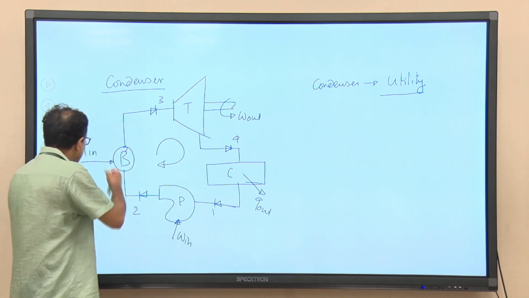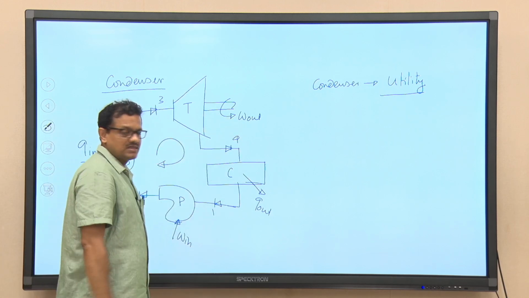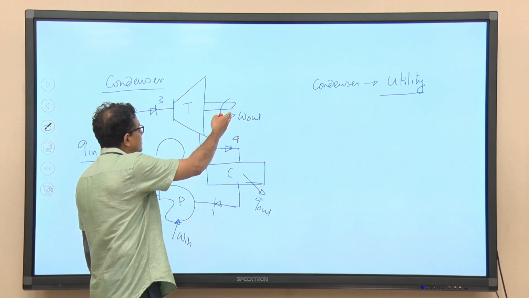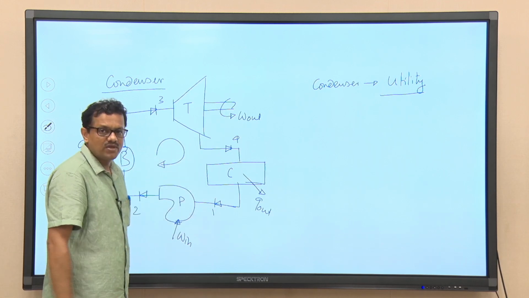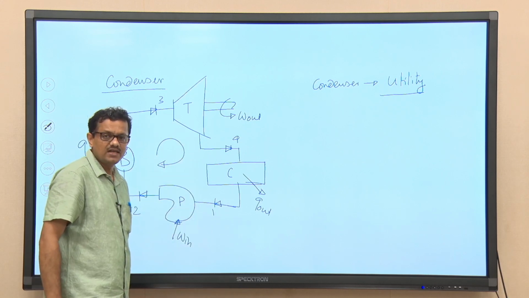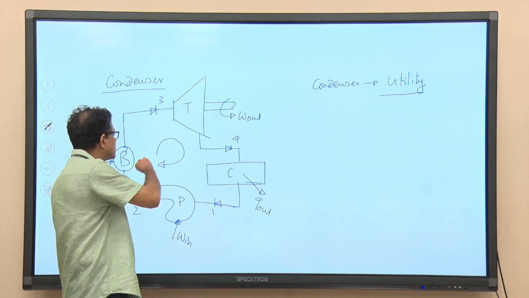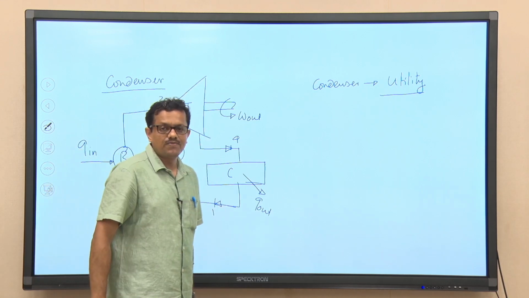Now, at the cost of that input energy, you are getting some work output, and we have discussed in the last class that the work output is not equal to the heat that is being added into the system. From there we can classify that work is high grade energy and heat is low grade energy, because the amount of heat added into the system is not getting converted equally into the same amount of work.